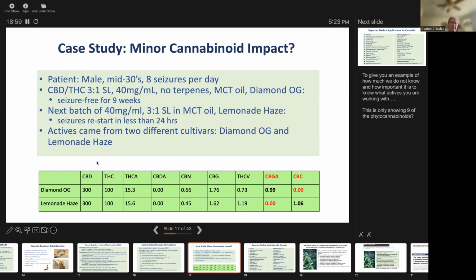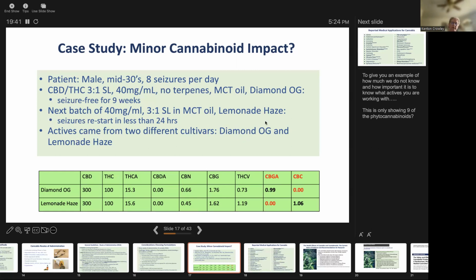If we look down at the phytocannabinoids down here, most common things that are listed are CBD, THC, maybe the acidic forms of both of those, but typically CBN. Just 3. And if you look at these, they're almost identical. But that particular extraction product from Lemon Haze did not control his seizures. And again, it came from 2 different cultivars.